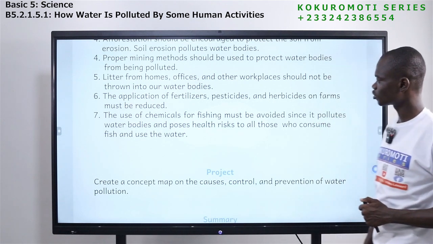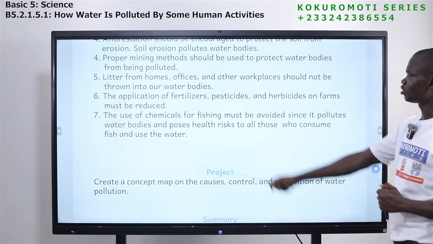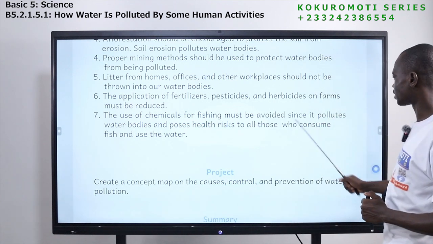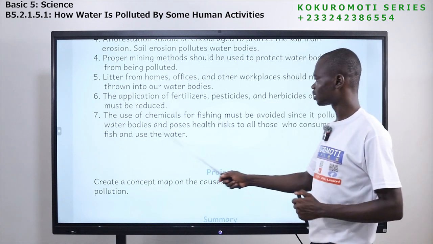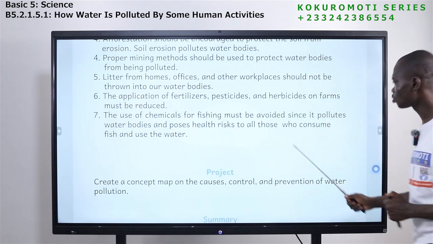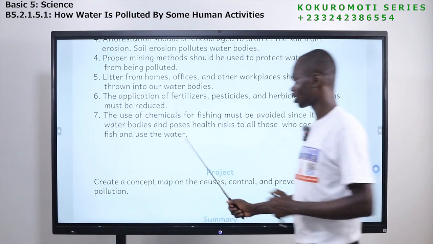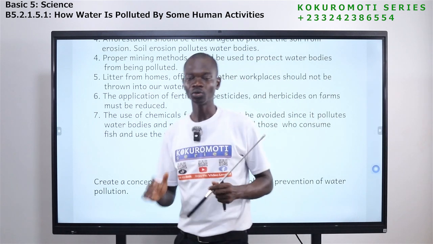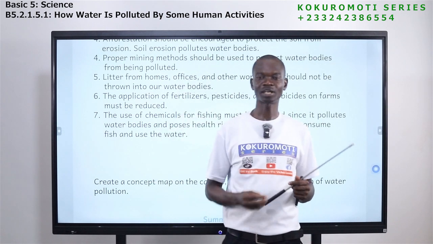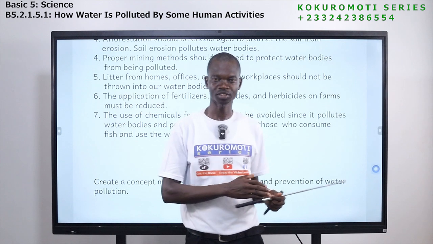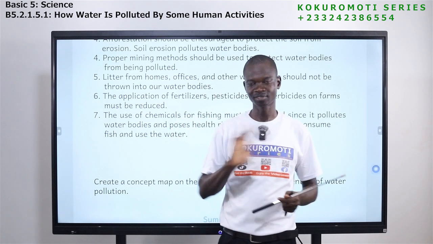Number 7, which happens to be the last one, the use of chemicals for fishing must be avoided, since it pollutes water bodies and poses health risks to all those who consume fish and use the water. So those who use chemicals for fishing, they should stop it.